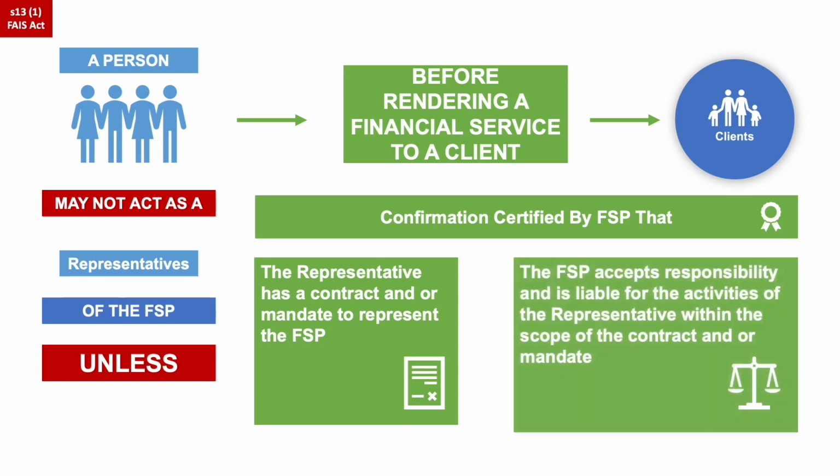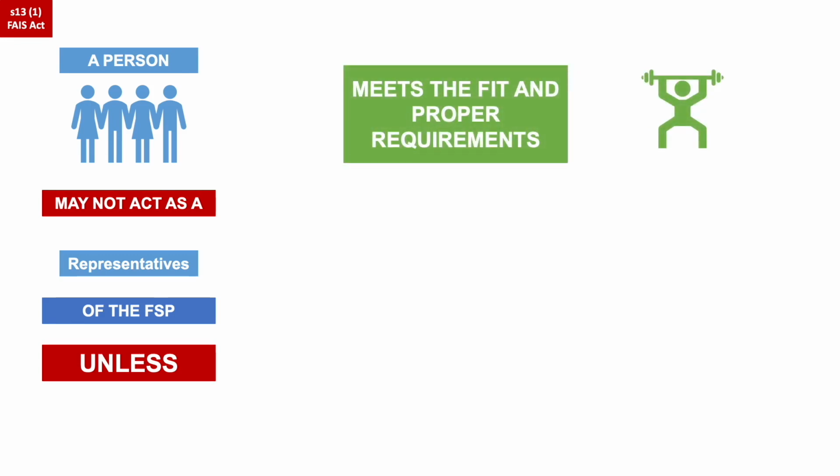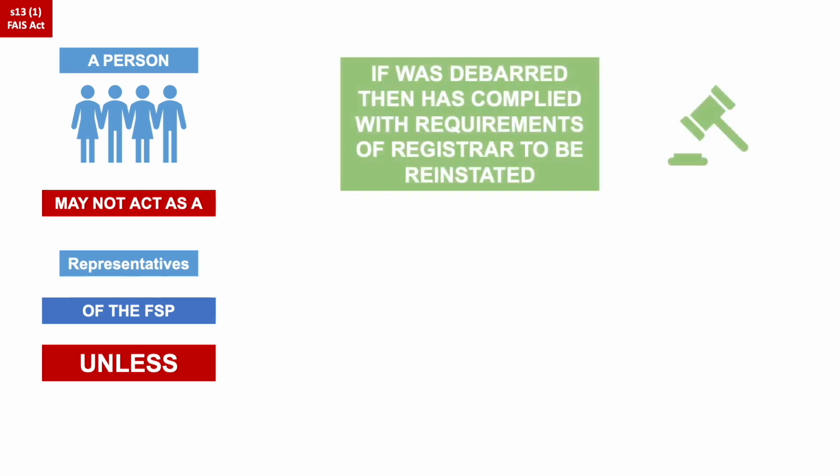The FSP accepts responsibility and is liable for the activities of the representative within the scope of the contract and/or mandate. A person may not act as a representative of the FSP unless the representative meets the fit and proper requirements. A person may not act as a representative of the FSP if he or she was debarred, unless he or she has complied with the requirements of the registrar to be reinstated.